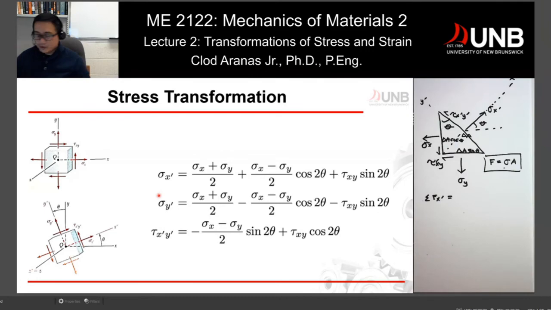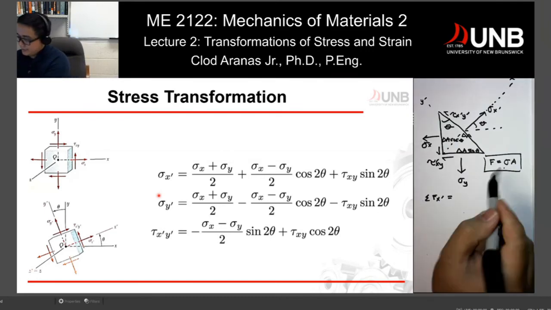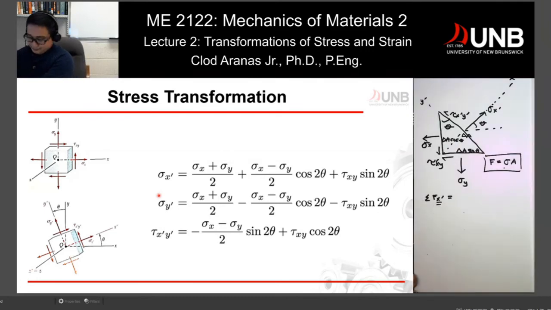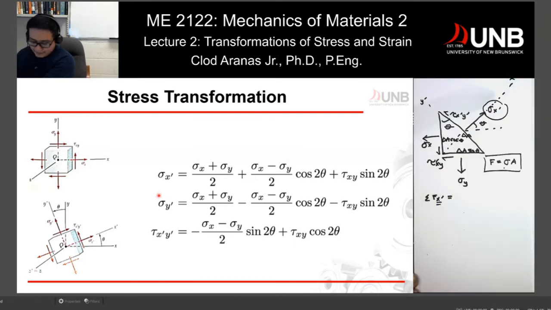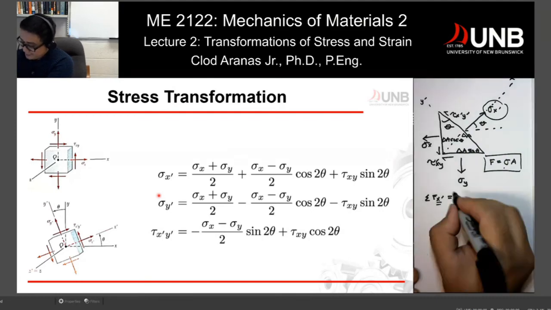Now, if we are going to sum the forces along x prime, first let's take a look at this sigma x prime.